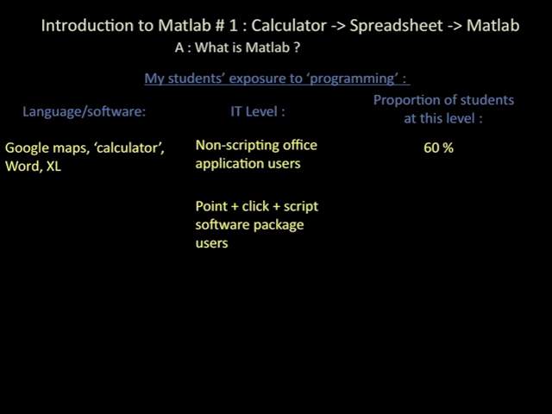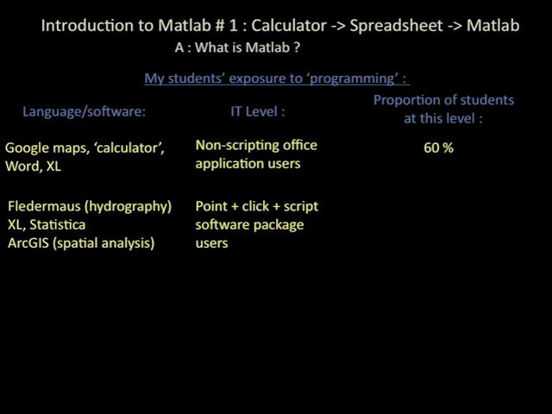Next down, things that use point and click, but also have some element of scripting. So that's some very application-specific programs like Fledermaus for hydrographers and ArcGIS for spatial mapping and analysis. And Excel has some programming element in that you can type in formulae. About 30% of my students are in that bracket.